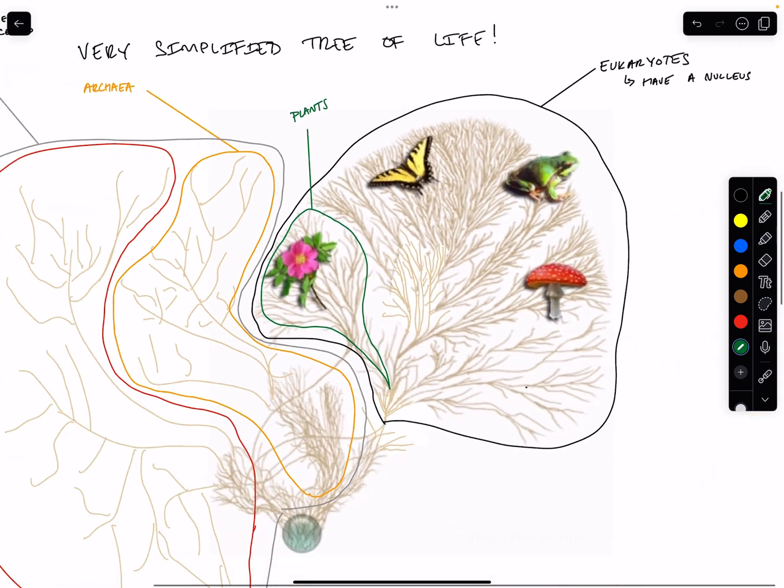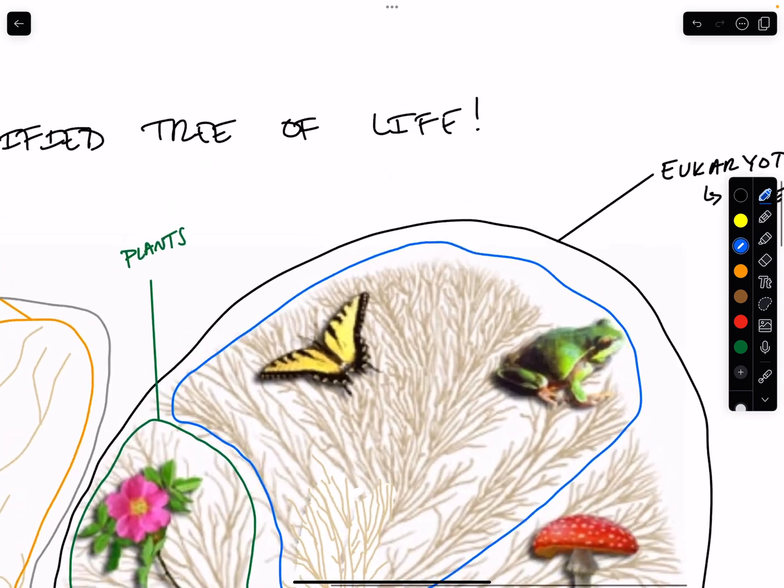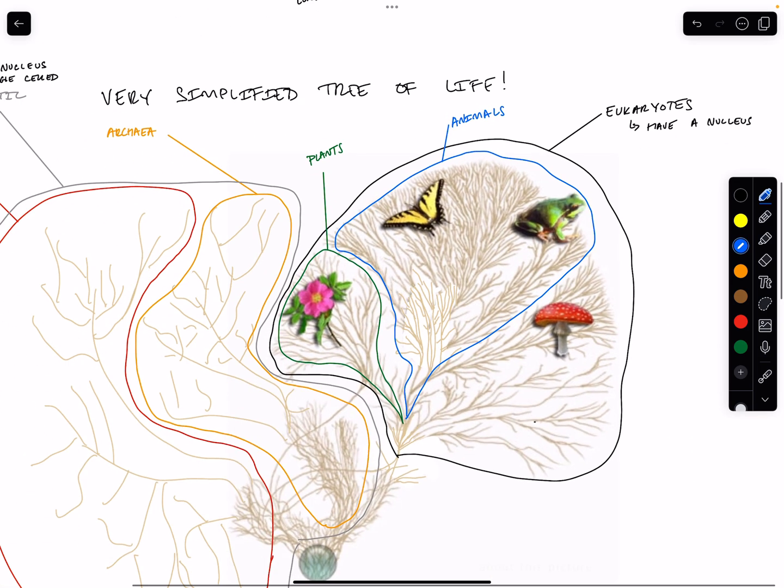And another one everyone knows and loves, animals. You could also say animalia, but again, we're just going to keep it simple and write animals. And then we have our fungi or fungus.